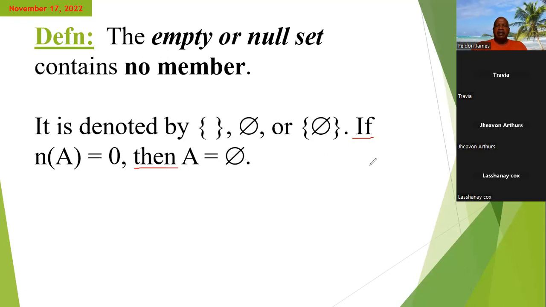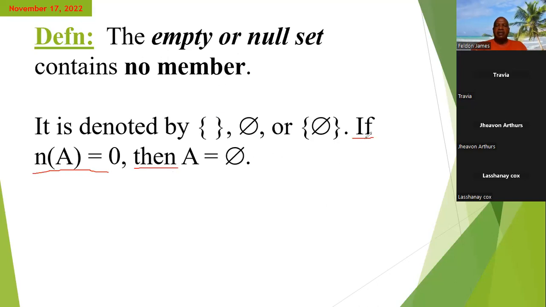The if part is what we call the condition, and the then part we call the conclusion.